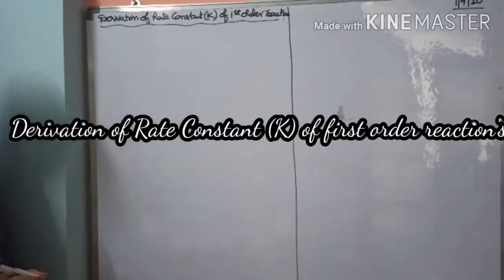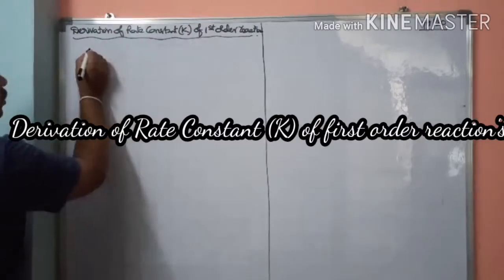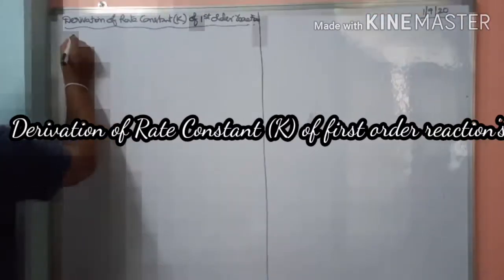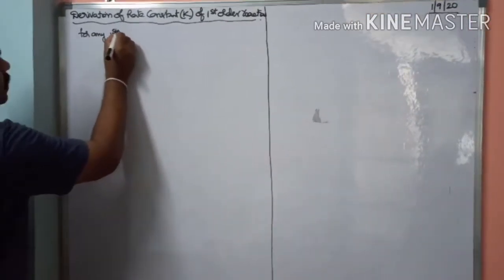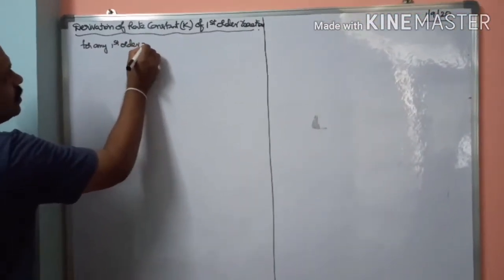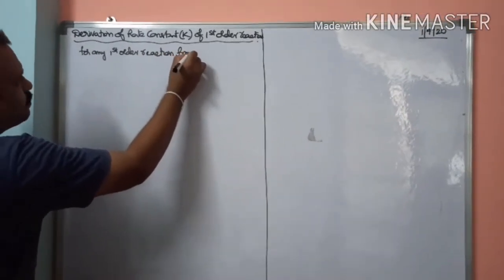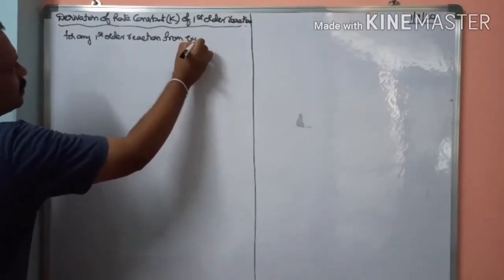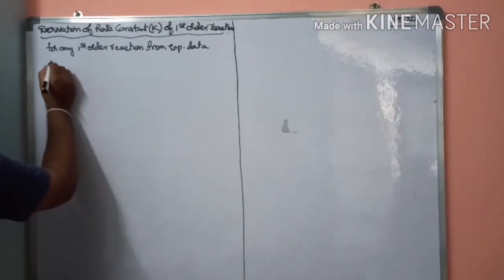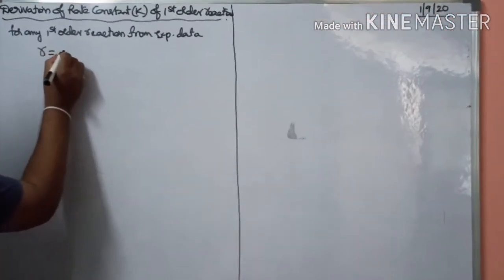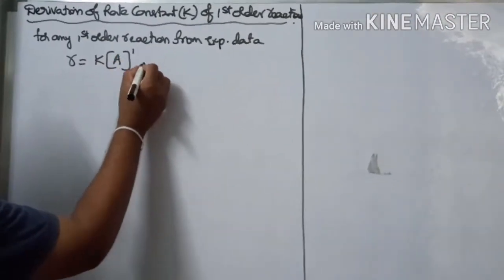So how did we write a differential rate equation for a first order reaction? For any first order reaction, from experimental data, we can write R is equal to K into A to the power of 1.